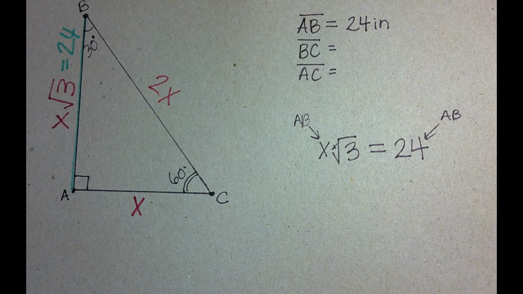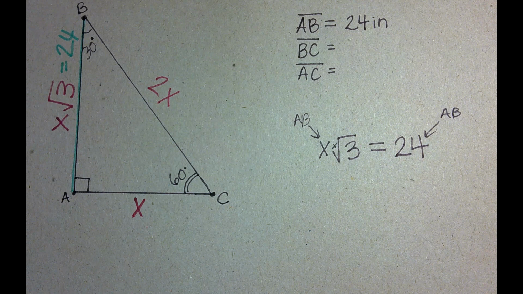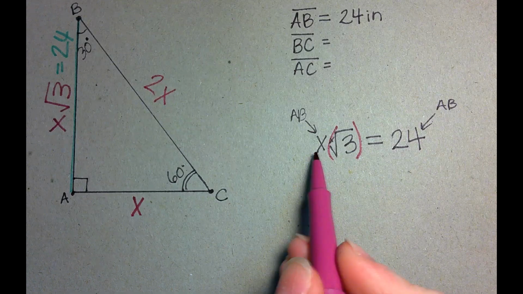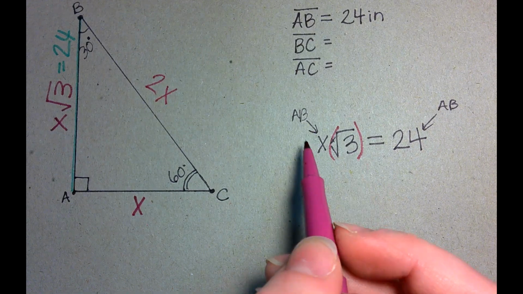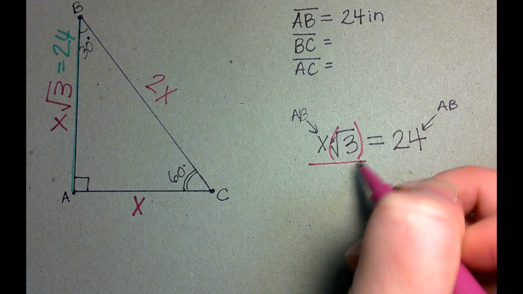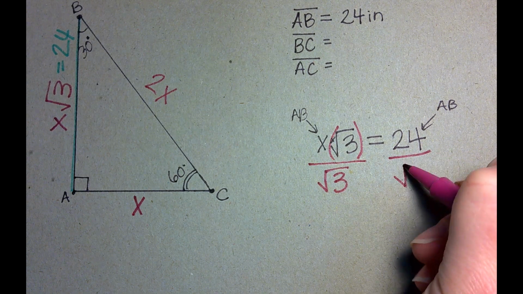We're going to think of radical 3 as just a number, but it looks scary because it has a weird name. We are doing the opposite of multiplying. Instead of taking x times radical 3, we're going to divide by radical 3 on both sides.